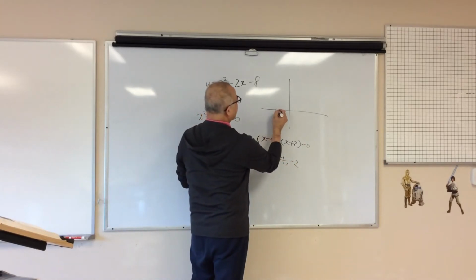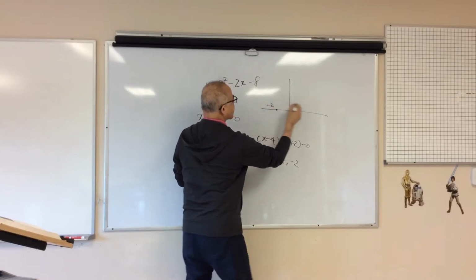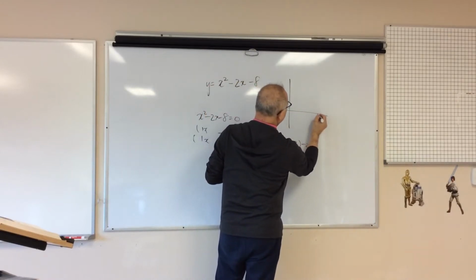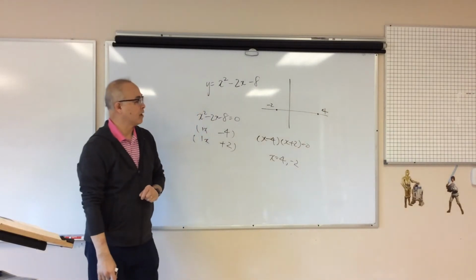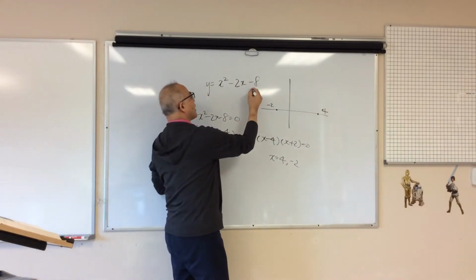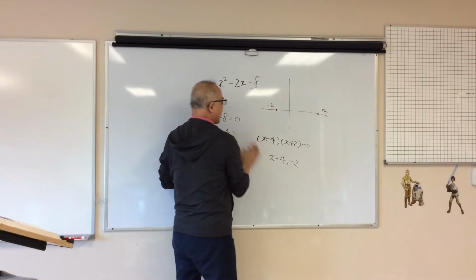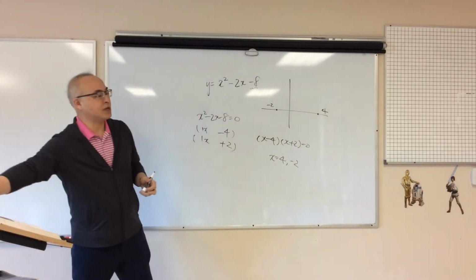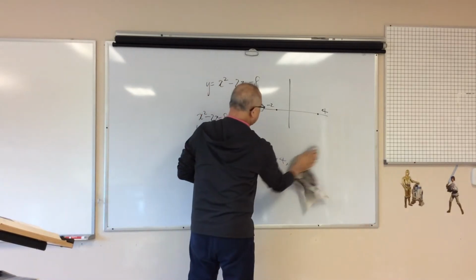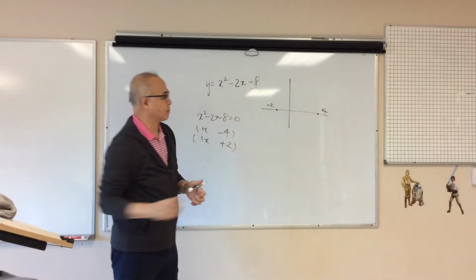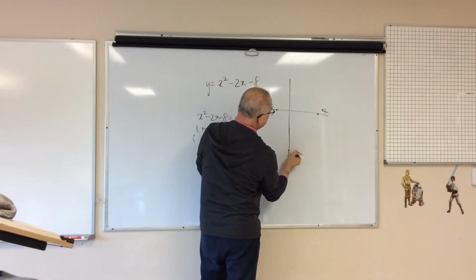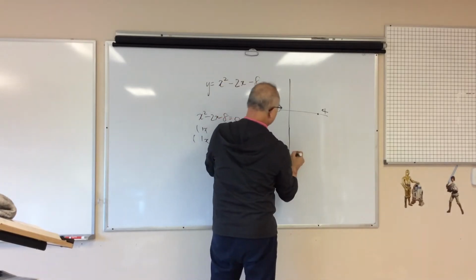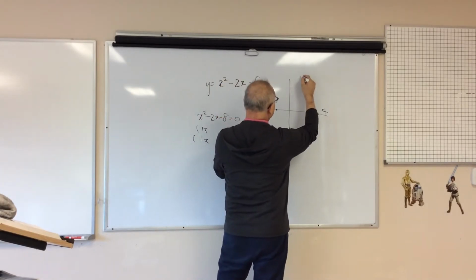So I know that it goes through this point and this point. I also know the y-intercept is that, which means that down here is the parabola.